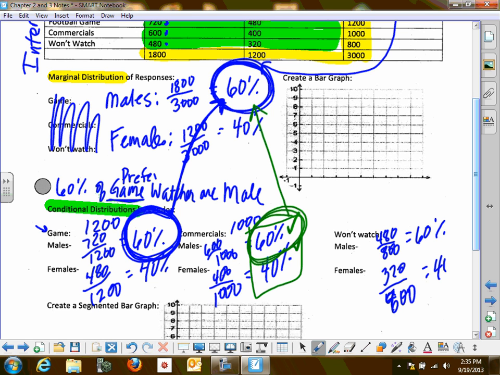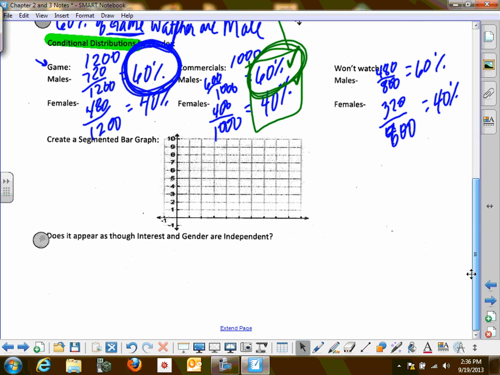So let's graph these. We have a sentence here: 60% of the game watchers are male, just like 60% of the sample is male. Let's put a picture to it. Ready? You're going to make a segmented bar chart.